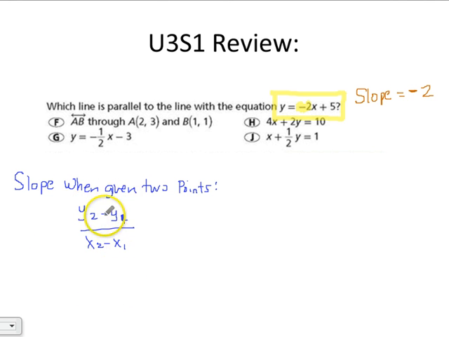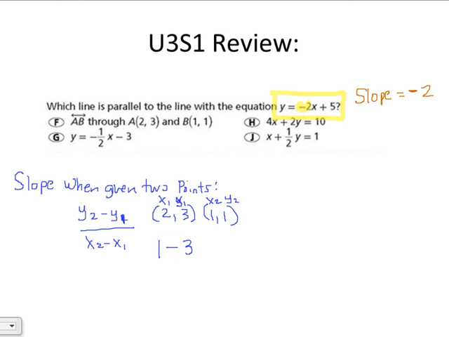So to find the slope when you're given 2 points, you subtract your y coordinates, and then you divide that by subtracting your x coordinates. Here, our points are 2, 3, and 1, 1, so this would be our x1, our y1, our x2, and our y2. To find the slope, we subtract y2 minus y1.